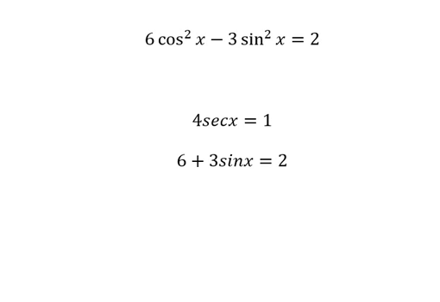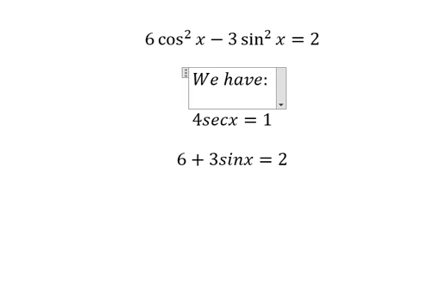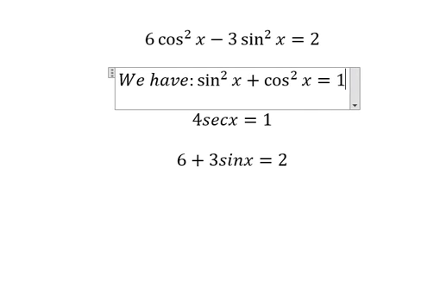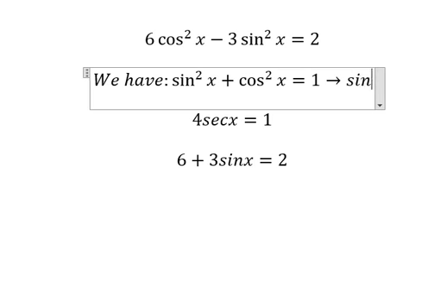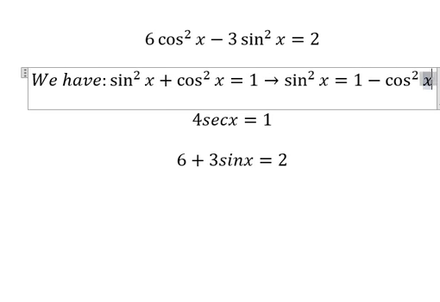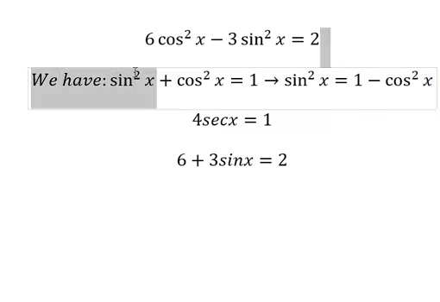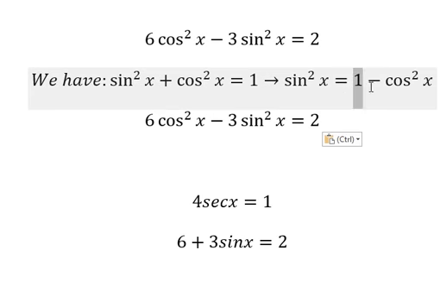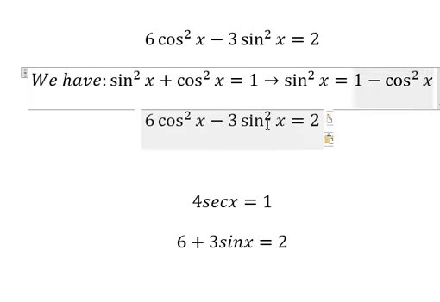We have the formula sine x squared plus cosine x squared equals number 1. So we change sine x squared to 1 minus cosine x squared. So we put this one, we change for this one in here.